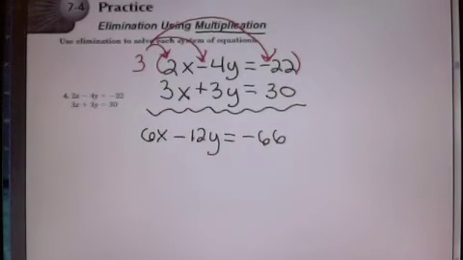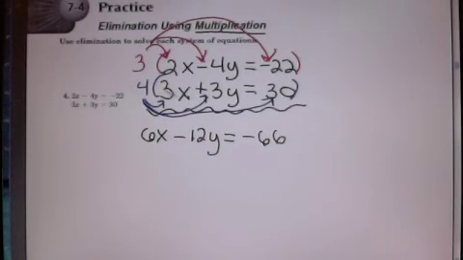Now I need to repeat this process with the second equation. Remember, I want to turn this into a 12 so that it will cancel out with the negative 12. So ask yourself, what do I multiply a 3 by to turn it into a 12? That's going to be 4. So I'm going to distribute the 4 times each term on the inside of the equation.